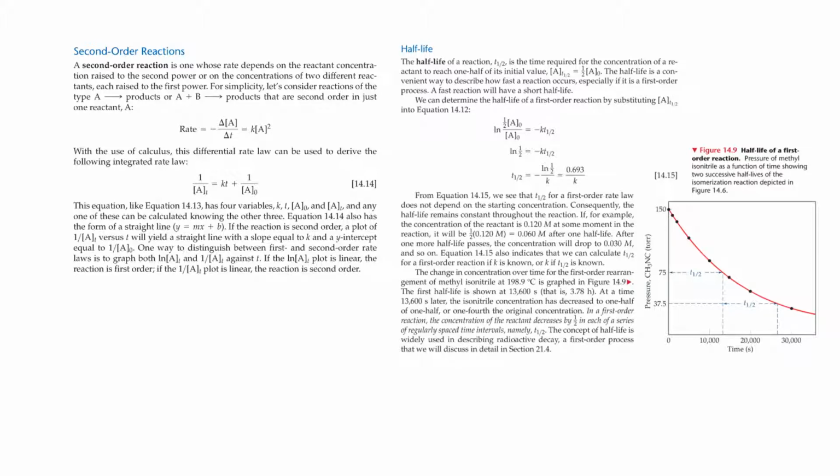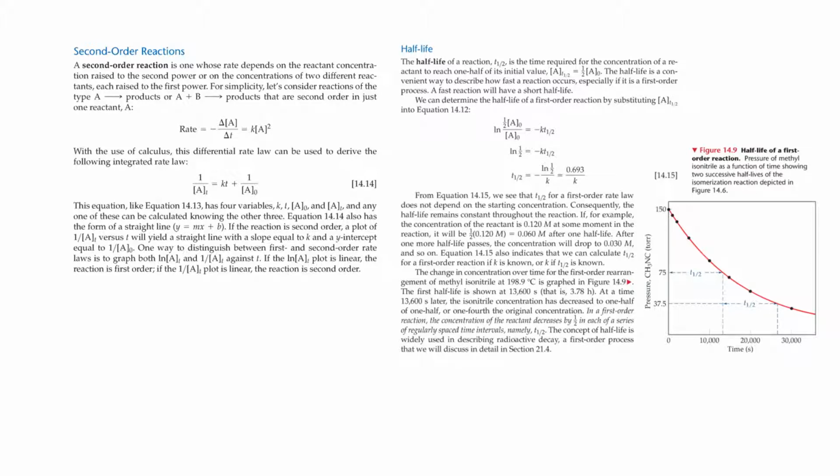The change in concentration with time for the first-order reaction, rearrangement of methyl isonitrile at 198.9 Celsius, is graphed in figure 14.9. The first half-life shown is that at 13,600 seconds, that is 3.78 hours. At a time of 13,600 seconds later, the isonitrile concentration is decreased to 1/2 of 1/2, or 1/4 of the original concentration.